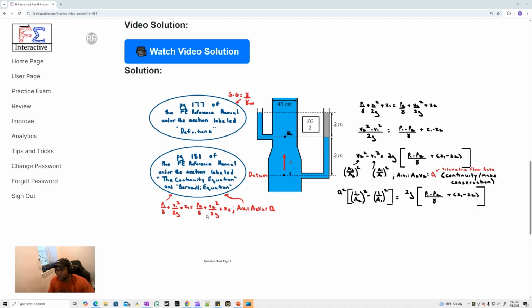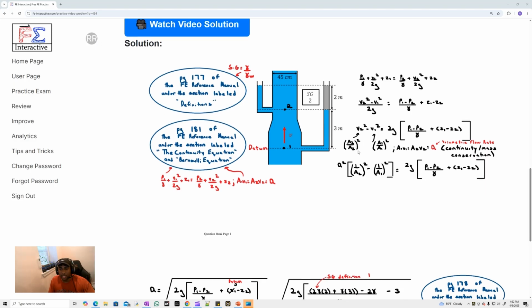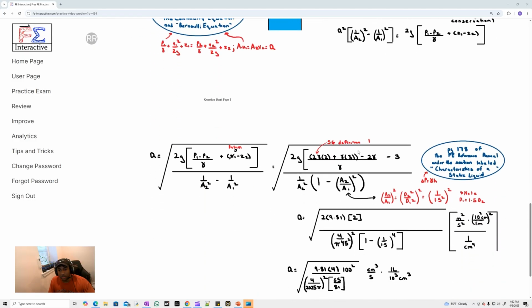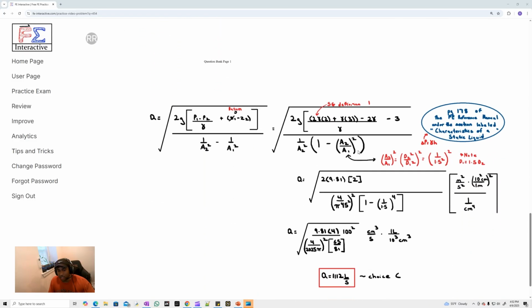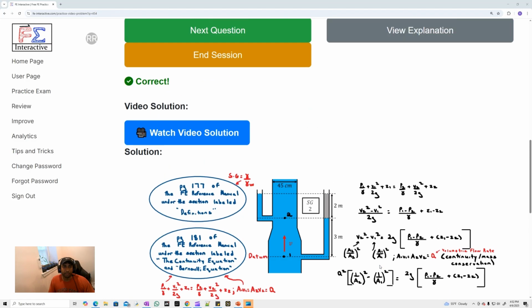And what we ended up doing was using some algebra in order to isolate that Q equation. And once we had that Q, we essentially just plugged in, making sure to work out the units and then computing it in liters per second. At the end, we ended up getting a Q of around 1100, which corresponded to choice C.